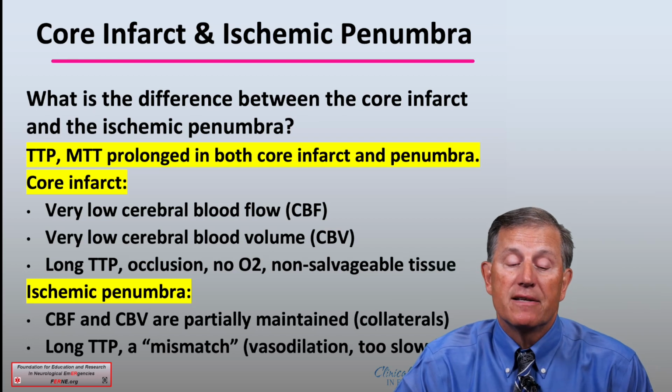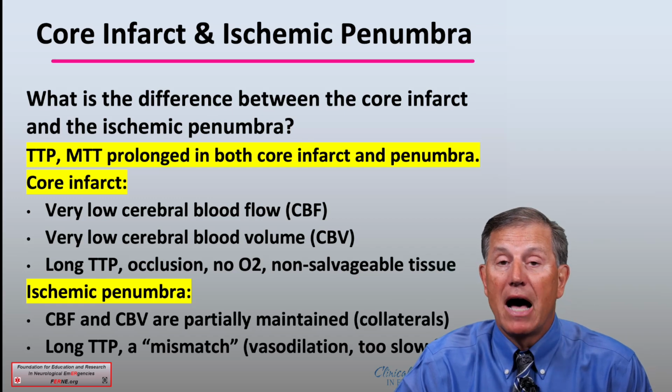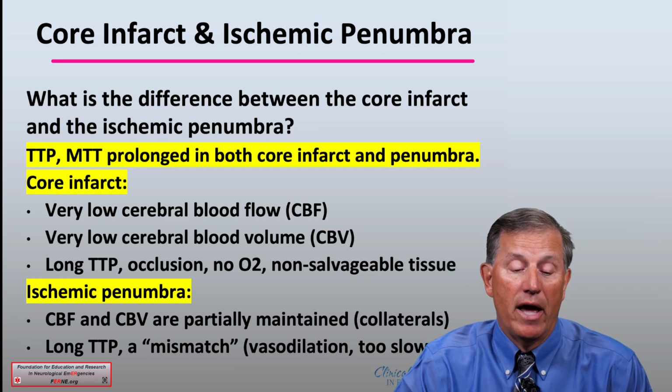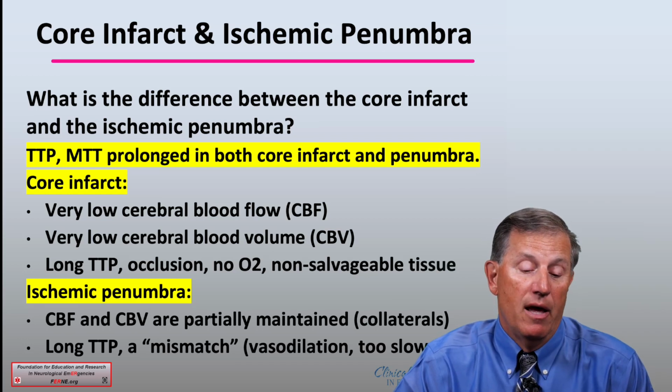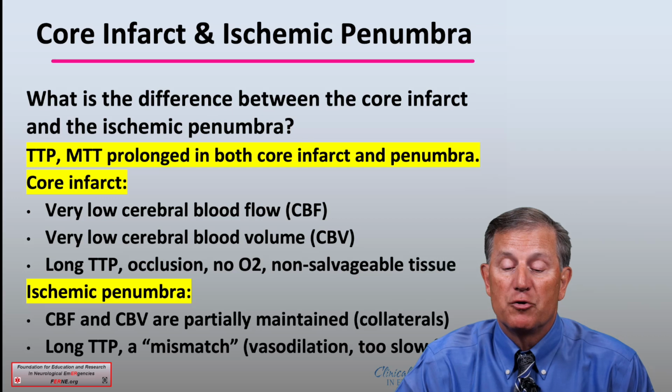The difference is the core infarct has very low cerebral blood flow and very low cerebral blood volume. In other words, with these both being low and a long time to perfusion and occlusion that's present, there's no oxygen being deliverable, and this is non-salvageable tissue.